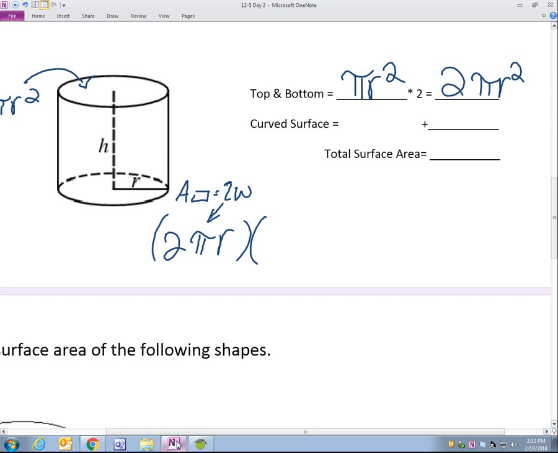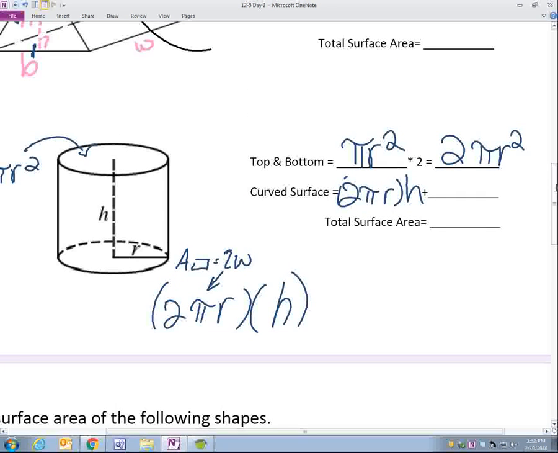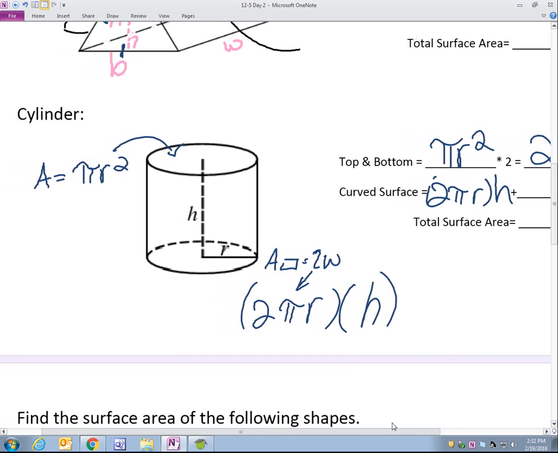Boom. So we have length times width is 2 pi r times height. 2 pi r times height. So I'm going to rewrite this up here. The surface area of a cylinder is equal to 2 pi r squared plus.